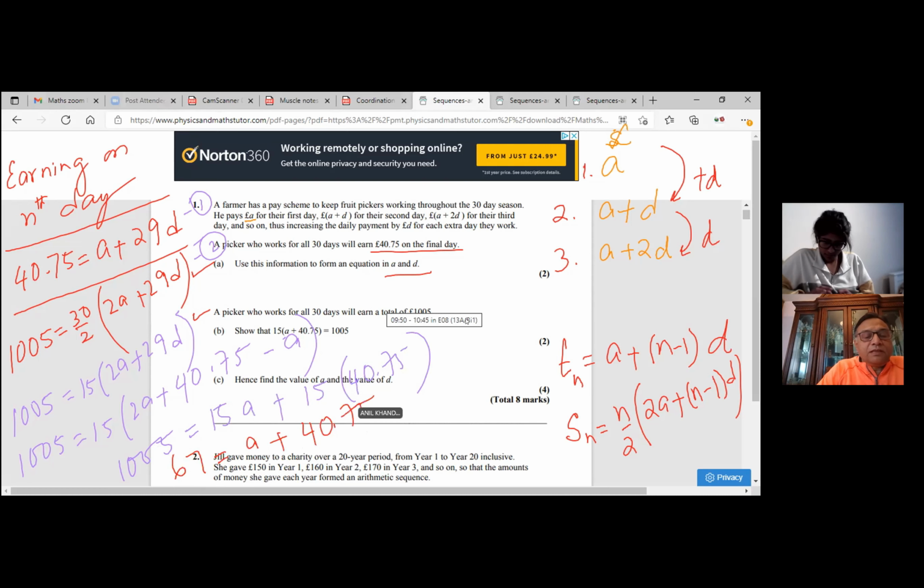40.75, right? So A will be equal to 67 minus 40.75. So minus 40.75 is 26.25. You get the idea?